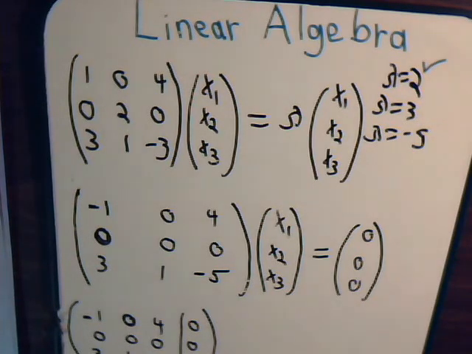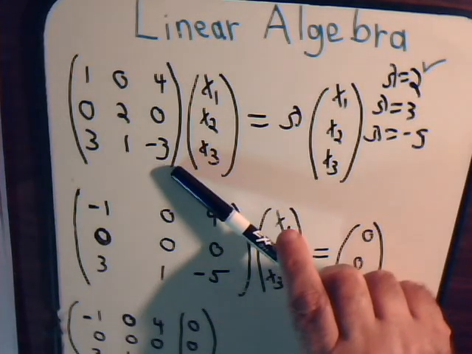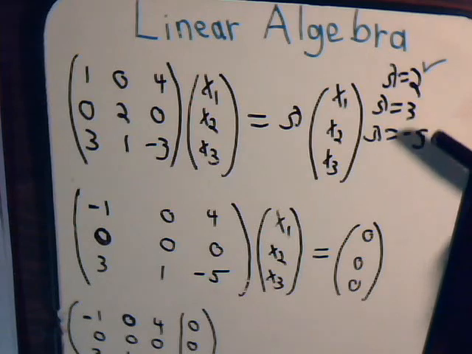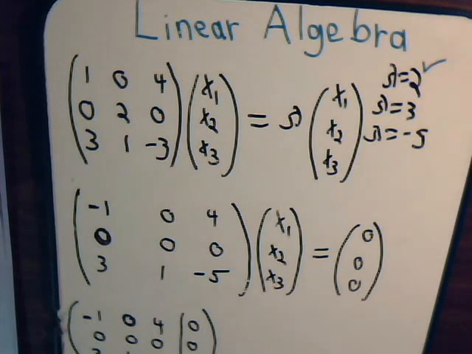In the last video, we were trying to determine the eigenvectors for this matrix as well as the corresponding eigenvalues. So far, we've determined the eigenvalues to be 2, 3, and -5.